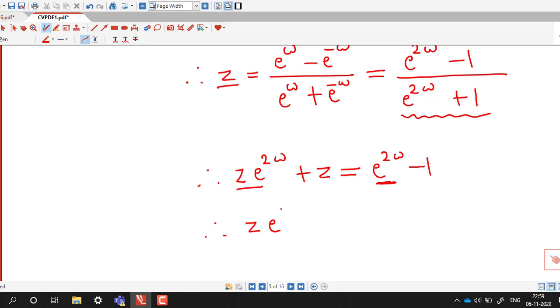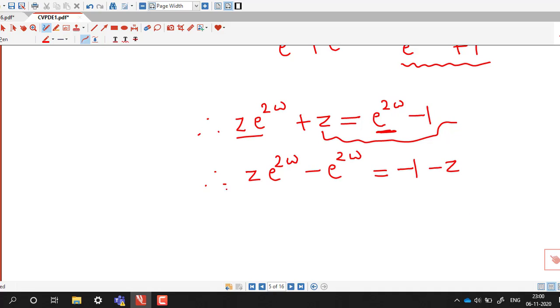So we have z into e raised to 2w minus e raised to 2w equal to minus 1, and we transfer this z on the right hand side. So minus 1 minus z. So here we take e raised to 2w common. So we have z minus 1 times e raised to 2w. Here we can take the negative sign common.